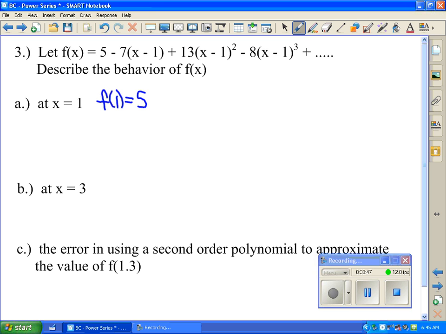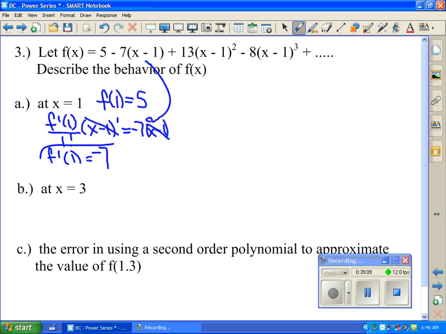Now I want to use my Taylor definition of each term. So I know the next term, if I had created it on my own, would have been f prime of 1 over 1 factorial, x minus 1 to the first. So matching up with this term, that has to equal -7, x minus 1. The x minus 1's cancel out, and you get f prime of 1 has to equal -7.